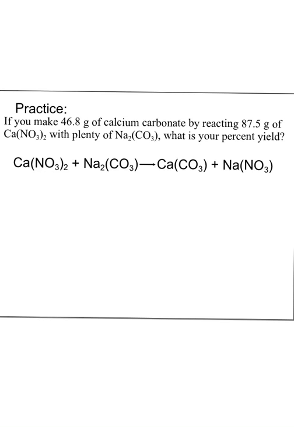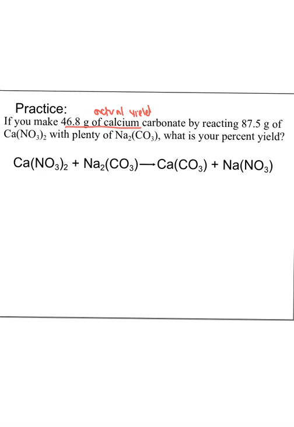All right, this one's along stoichiometry, so it says, if you actually make 46.8 grams of calcium carbonate by reacting 87.5 grams of CaNO3 with plenty of Na2CO3, what is your percent yield?